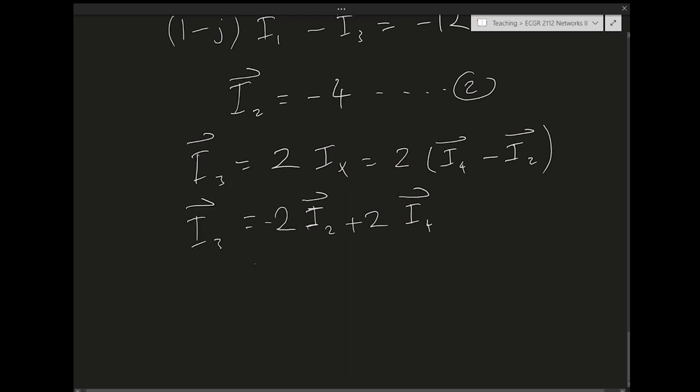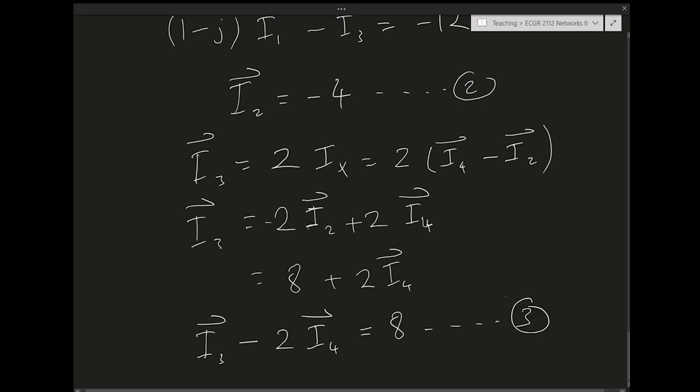I2 is minus 4, so minus 2 times minus 4 is 8, plus 2I4. So I'm going to end up with this equation: I3 minus 2I4 equals 8. That's equation number 3.